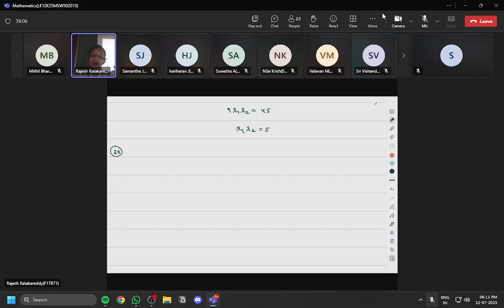You just tell me what is the value of alpha. That calculation you are all equipped enough to do. Equate delta to 0 and tell me what is alpha. What are all the values of alpha we are getting? I believe there is no printing mistake in this problem. I did check earlier. Everything is correct. Just tell me what the alpha value is here.